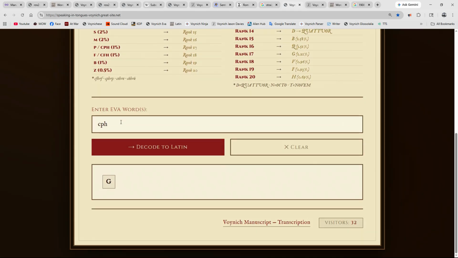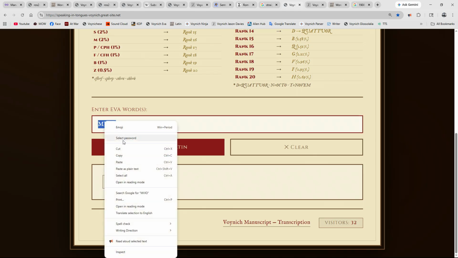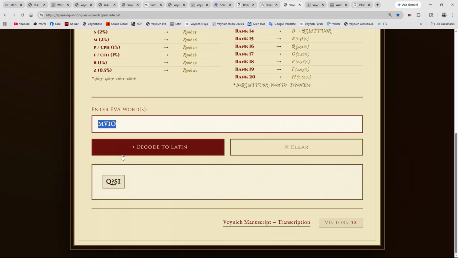You can put in the Eva word, and out comes the Latin equivalent, which sometimes makes actual Latin words, and Latin words are rare. Now, when you put in MVIO, you get this. But that's not the Eva equivalent. The actual equivalent should be down here as MVIO.